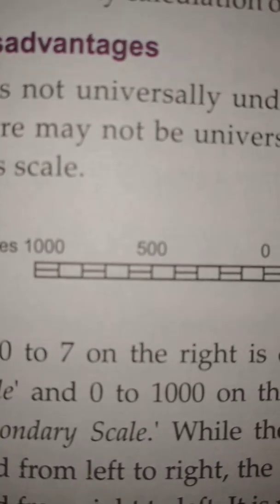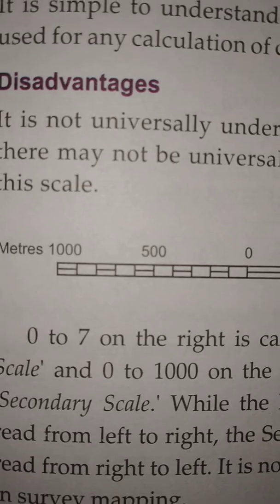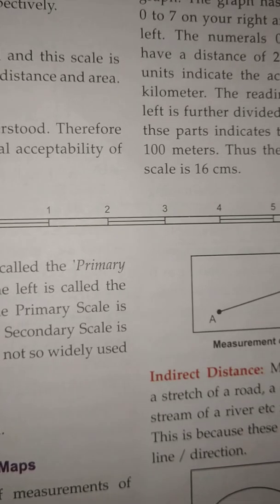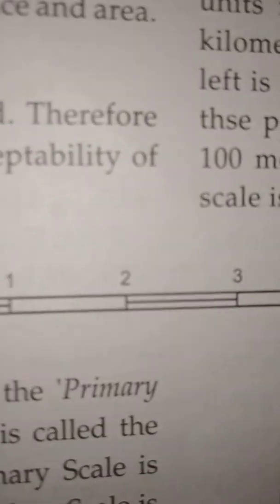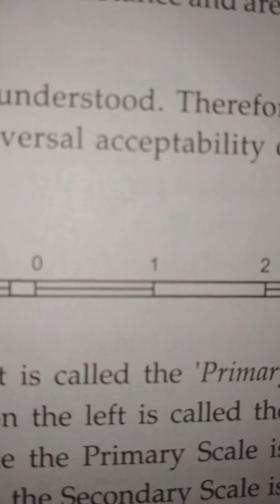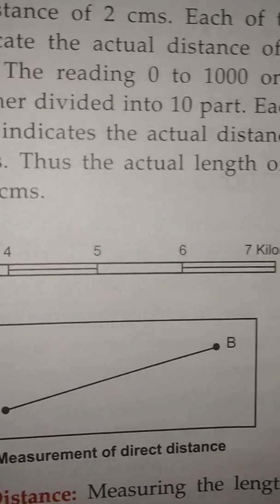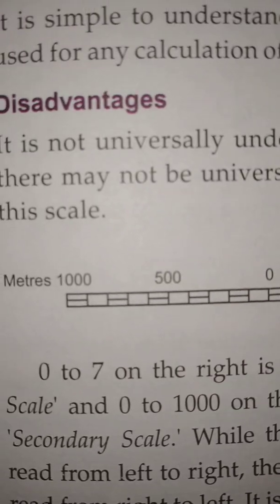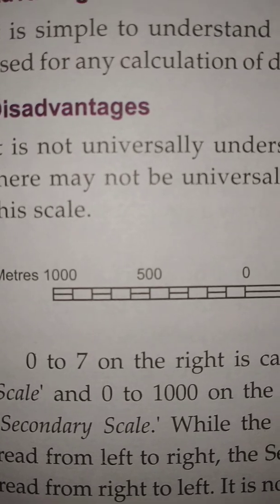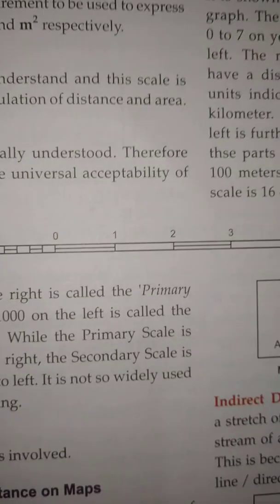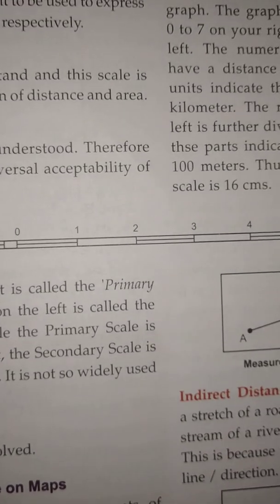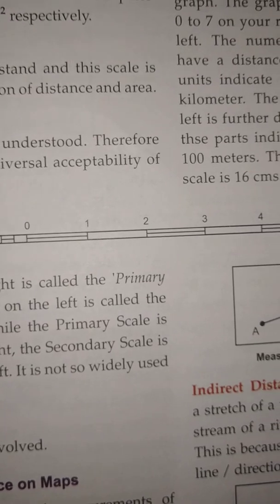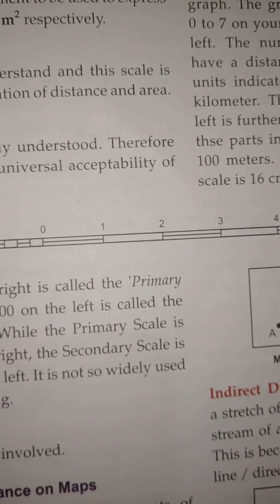So 0 to 7 on the right hand side is called the primary scale. And 0 to 1000 on the left hand side, the small divisions, is called the secondary scale. The primary scale is read from left to right, and the secondary scale is read from right to left, and it is not so widely used in survey mapping.